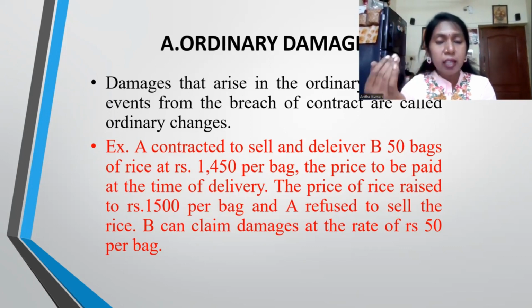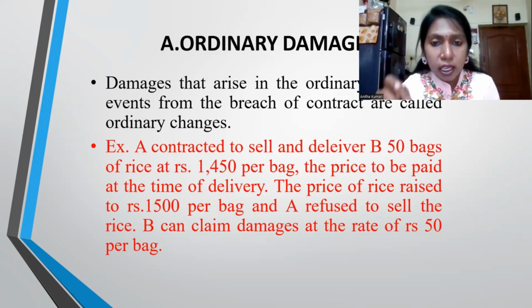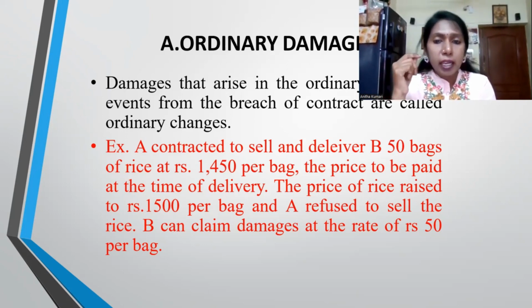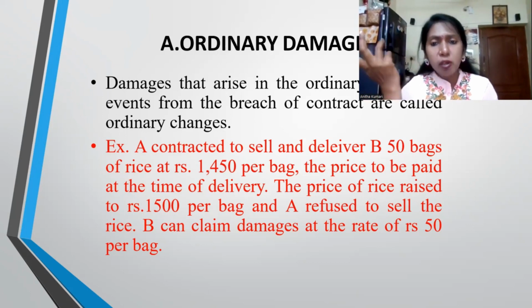Then I asked him, yesterday when I came to the shop, the rice cost only 1,450. I even told you clearly that I want you to deliver the goods today itself. But it is the seller's mistake or carelessness, maybe due to some commitment, he was not in a position to fulfill the order.